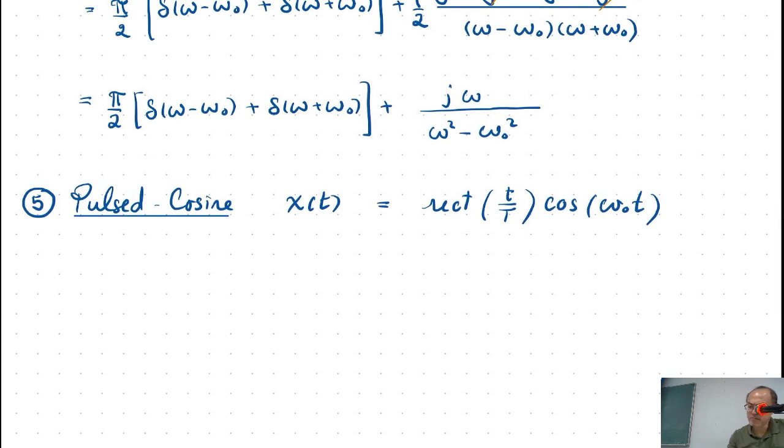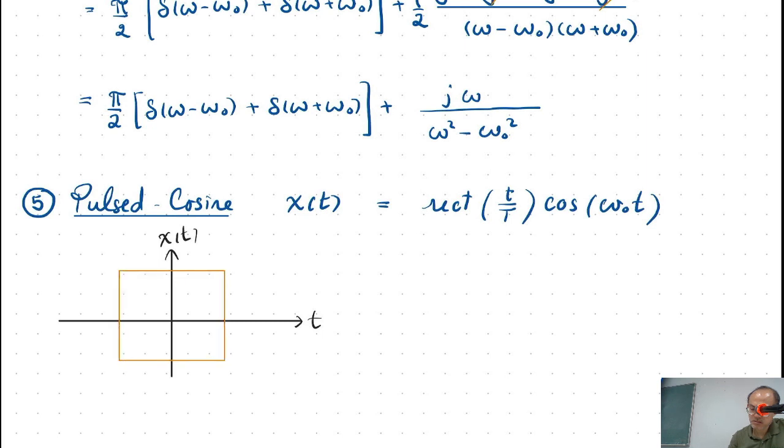So in time, if I were to plot the signal x versus time, the shape of x would look like this rectangular, and then I have to have cosine inside.